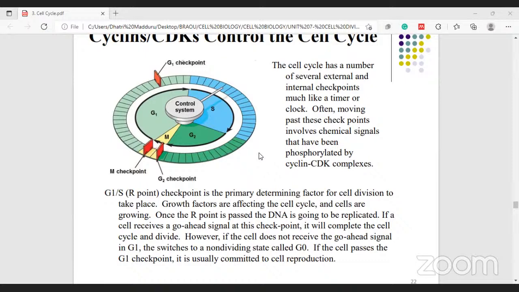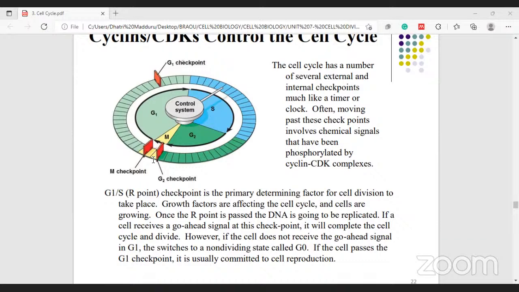Growth factors affect the cell cycle and cells are growing here. Once the R point is passed, the DNA gets replicated. If the cell gets a signal to go ahead, then it will complete the cell division and cell cycle. If it is not getting the signal, then it goes back to the G0 phase. This is the first checkpoint.